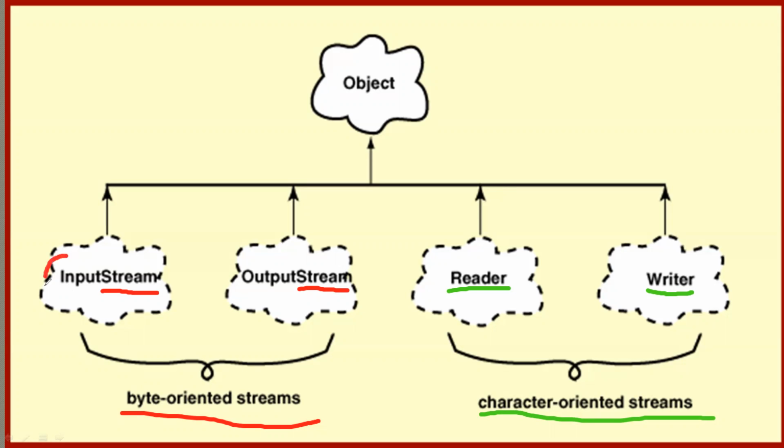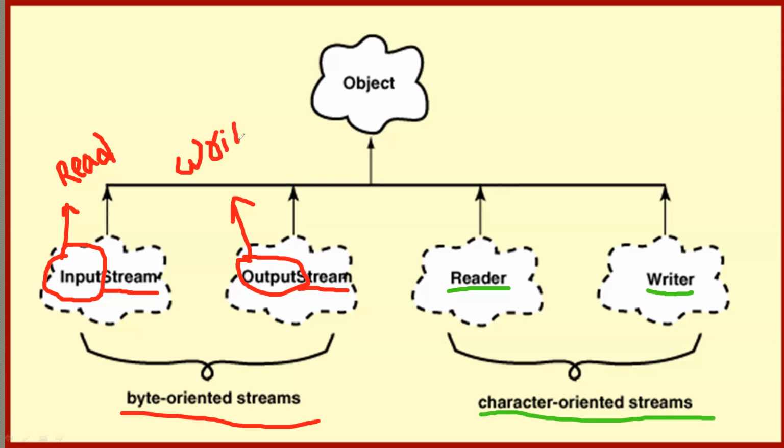If we have input in the class name, these classes are used to read the data. And if we have output in the class name, then these classes are used to write data into the file.